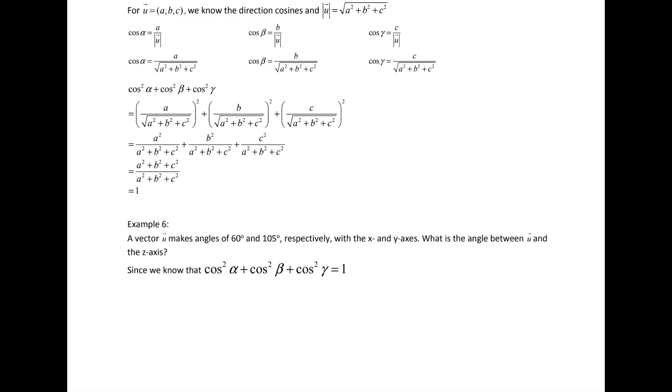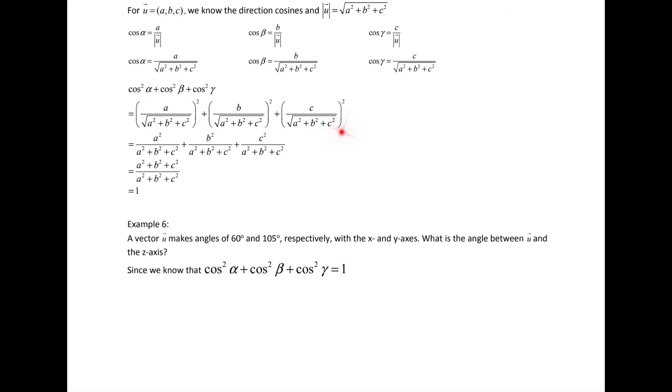There is another special property of the direction cosines. So we know the direction cosines are always the x component divided by the magnitude, y component divided by the magnitude, and z component divided by the magnitude. So when we square every single direction cosine and add them up together, we are going to end up with this equation here.